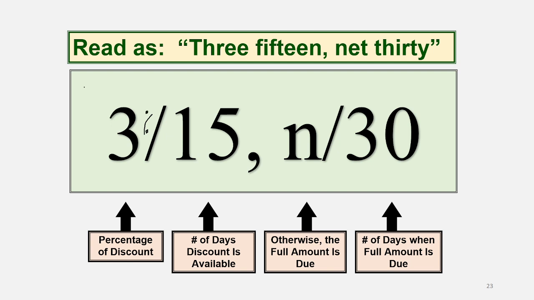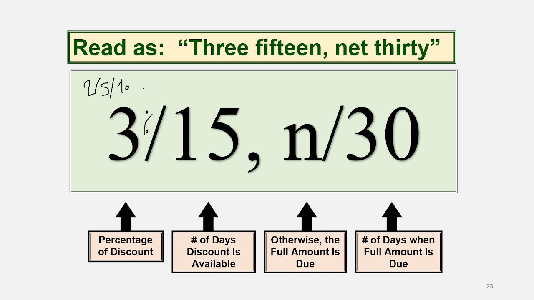This amount could be 2%, 5%, 10%, or other suitable percents according to the case and conditions. The next number after the slash is 15, and the 15 represents the number of days that the discount is available. In fact, you can use the 3% discount if you pay within 15 days.